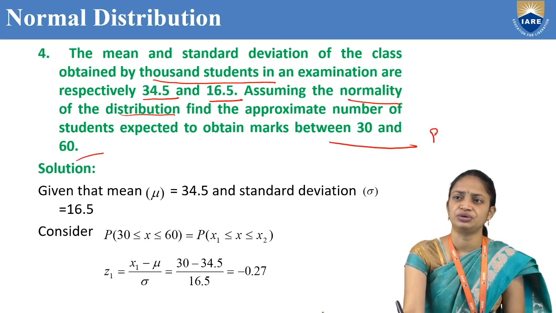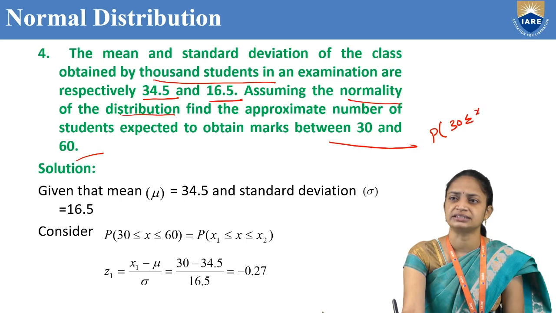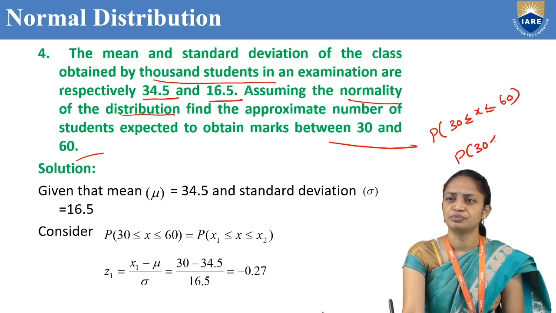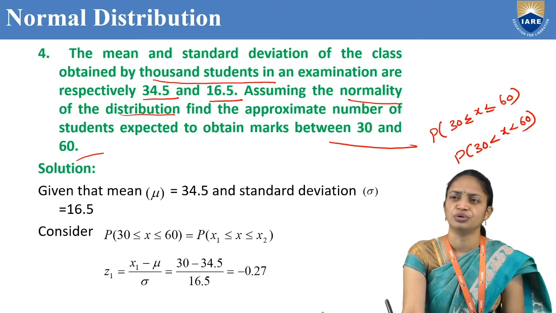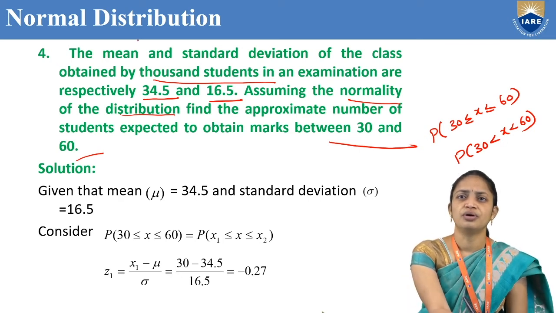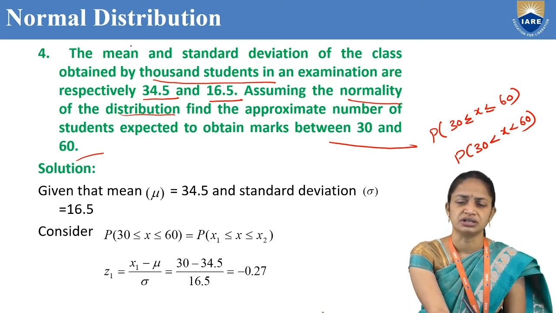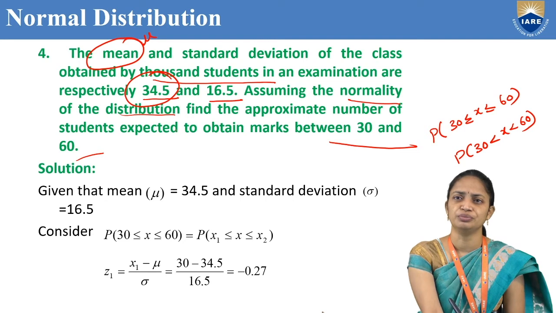So here we need to find P of 30 less than X less than or equal to 60. Because the normal distribution is continuous, we can take less than or equal to also, no problem. So the mean is 34.5. We know that mean is denoted with mu, so mu is 34.5 and standard deviation is 16.5.